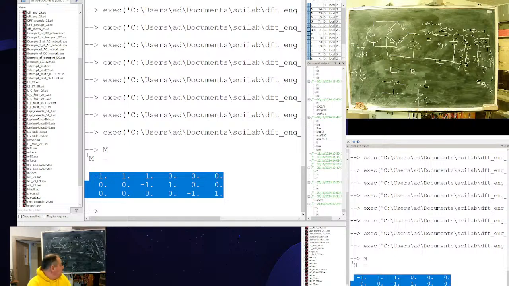For branch 3, self parameters of the branch: 6.47 ohms plus j omega multiplied by 9.3e-3 Henry, 9.3 millihenry.